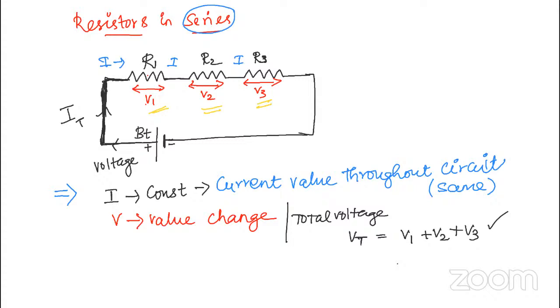Okay. Next, from the equations we are just calculating the RT value. Okay. So for calculating the resistance value, what is the formula? We will find the voltage value. Next, let us see how to calculate the total resistance value. Okay.